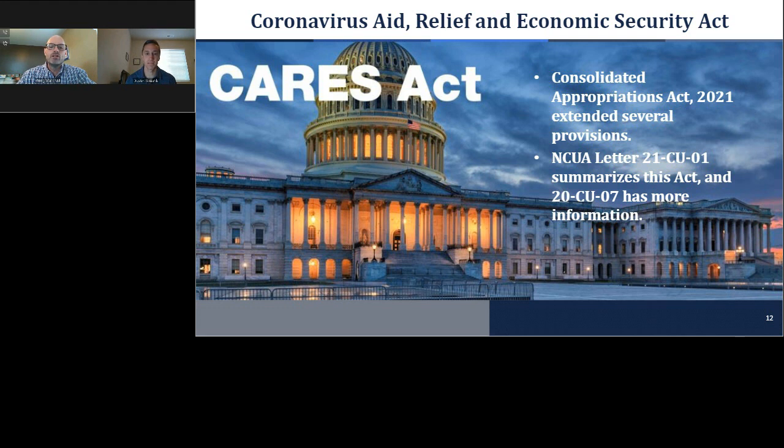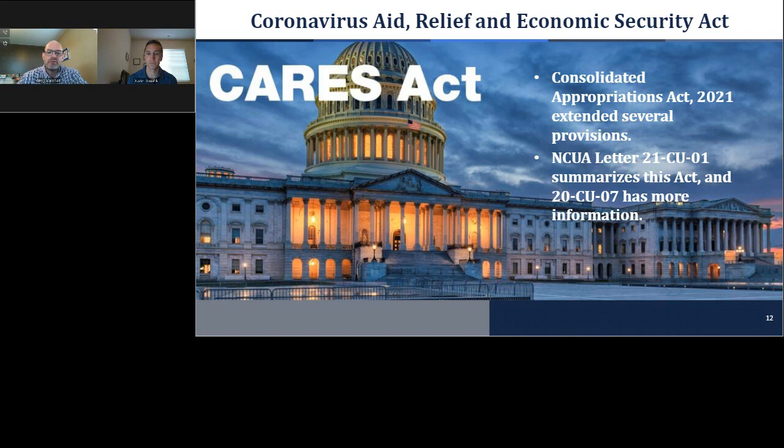Anyway, in 2021, there was an act passed called the Consolidated Appropriations Act of 2021, enacted in December 2020. Basically, it extended several of the CARES Act provisions because the pandemic was continuing. So for exam purposes, examiners will continue to review compliance with the provisions of the CARES Act that suspended the requirements to categorize certain loan modifications as TDRs.